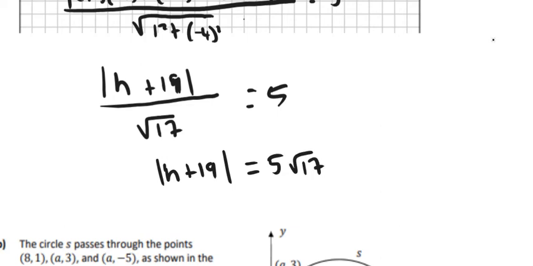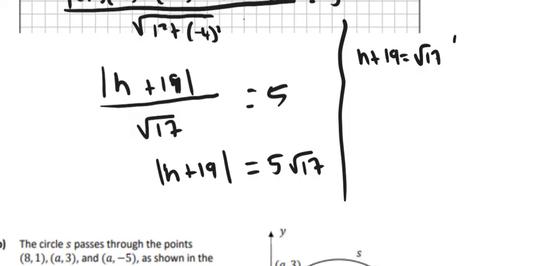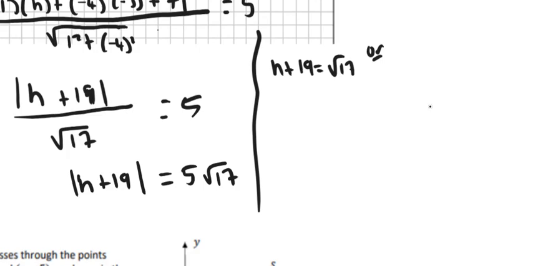So then we get two values. Just finish over here, so we get h plus 19 is equal to 5 root 17, or minus h minus 19 is equal to 5 root 17.